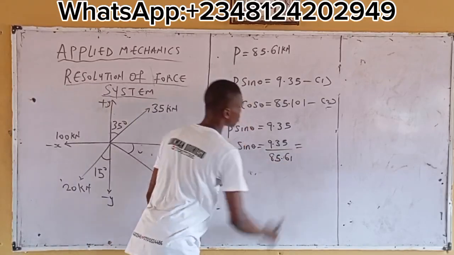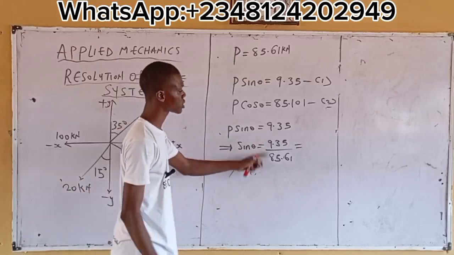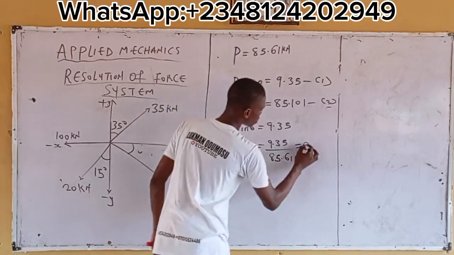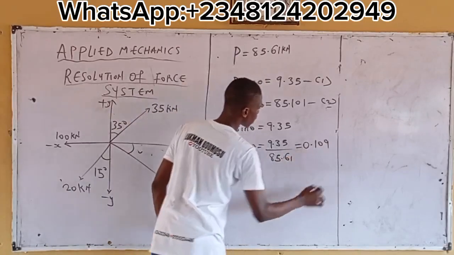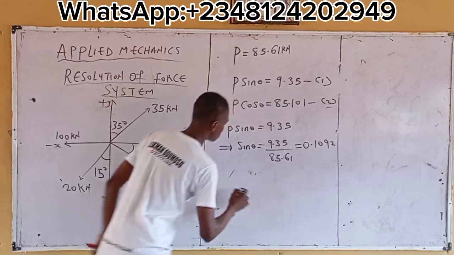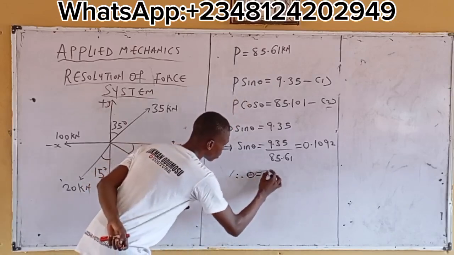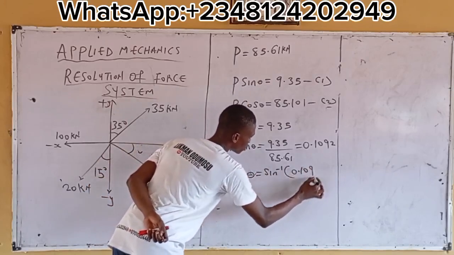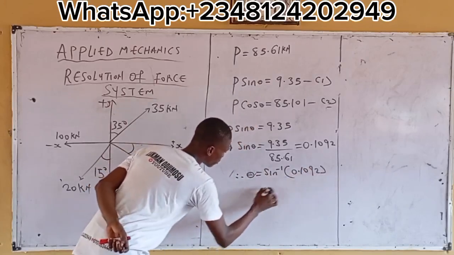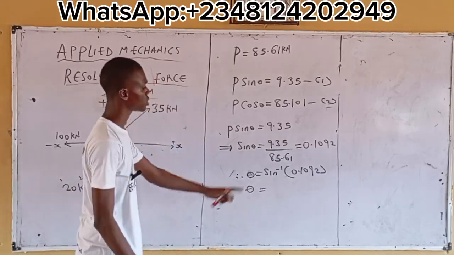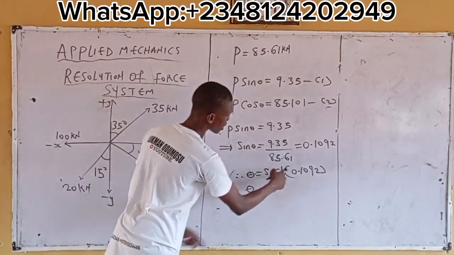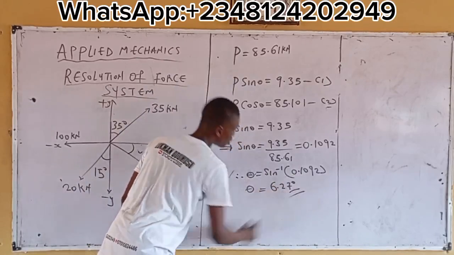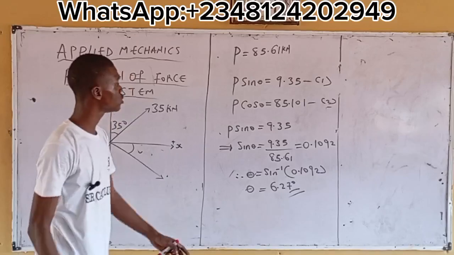The ratio of this is 0.10992. Therefore, theta is equals to sine inverse of 0.1092. And from here, what do you get? 6.27 degree.